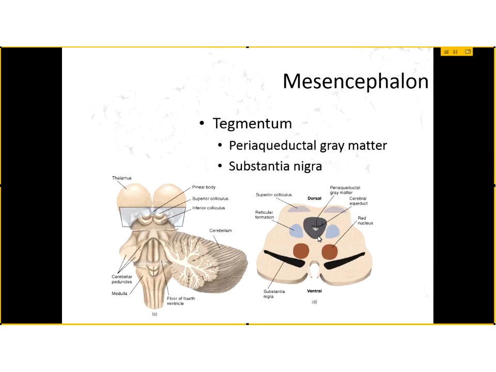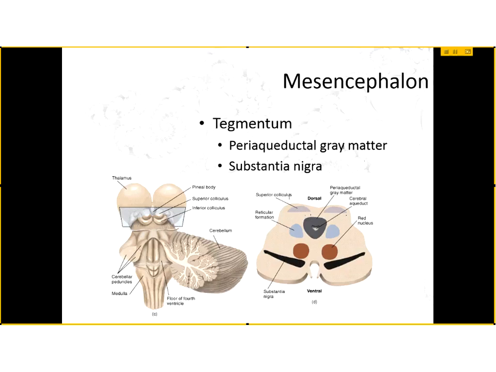There's actually endogenous opioid receptors that are our body's ability to momentarily suppress pain. We're going to talk more about those when we discuss certain types of neurotransmitters, and we'll come back and refer to that section.